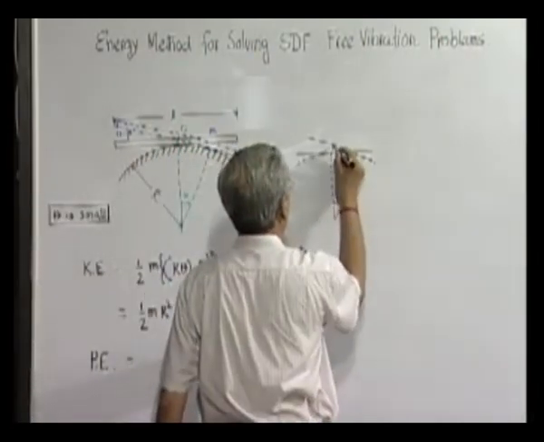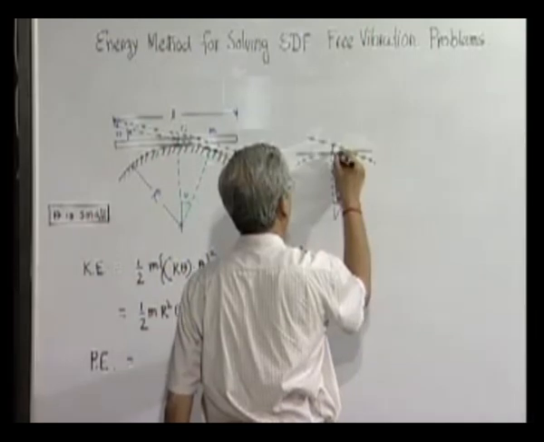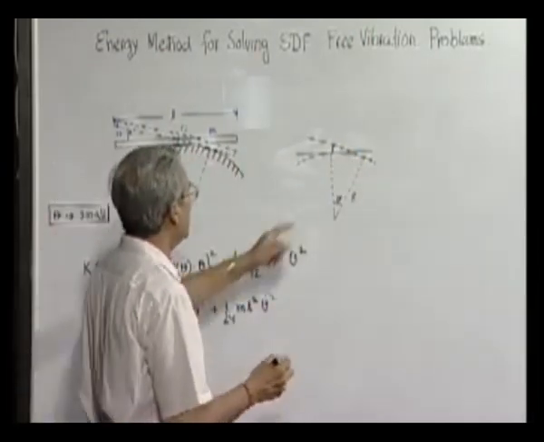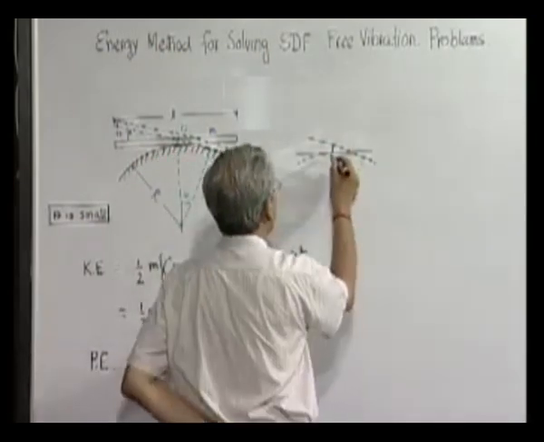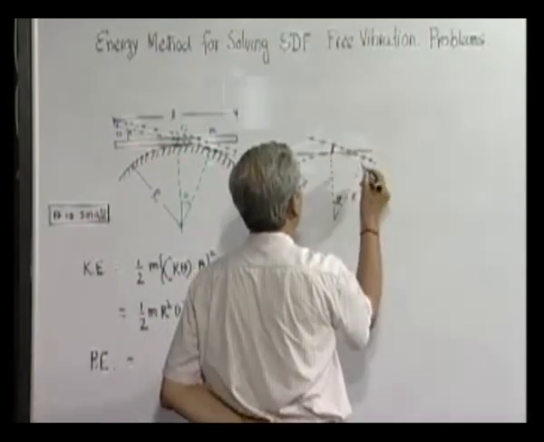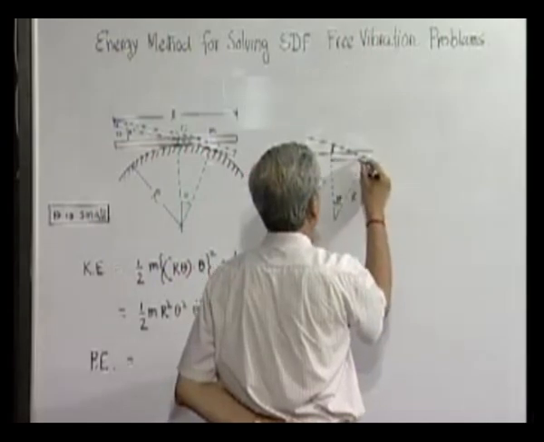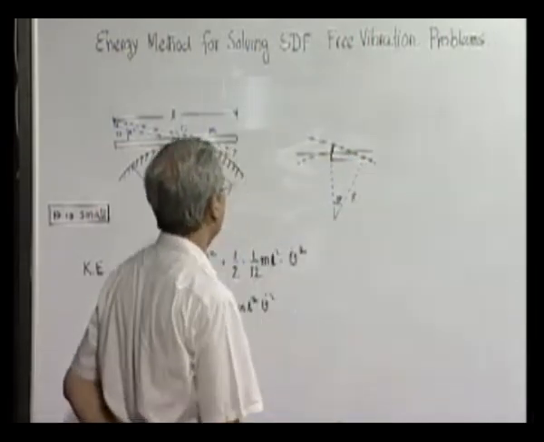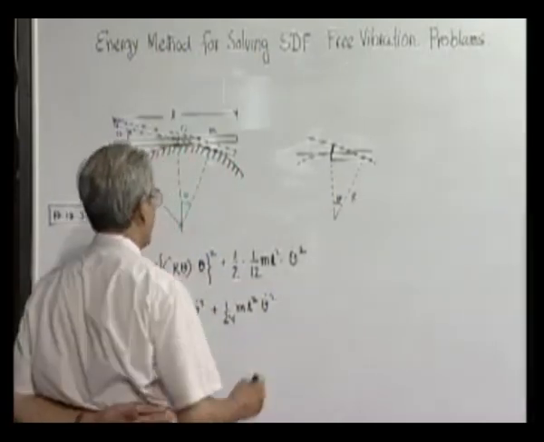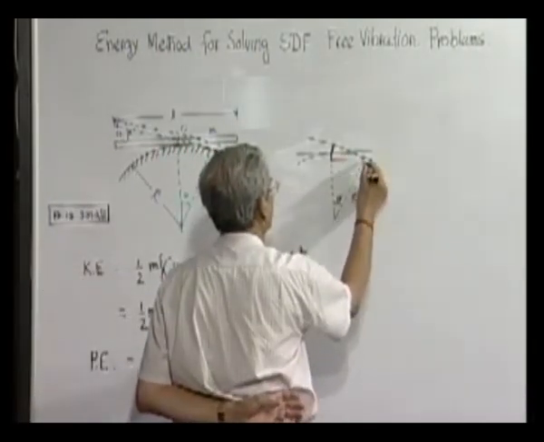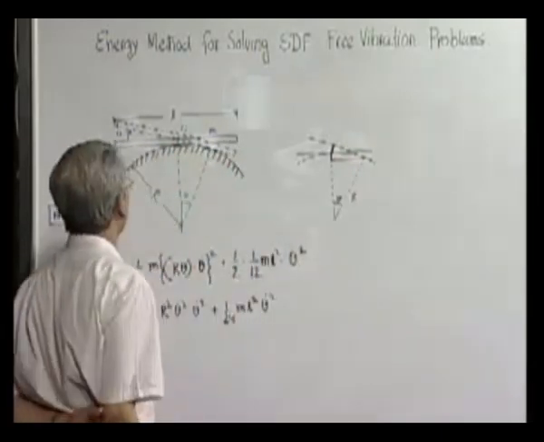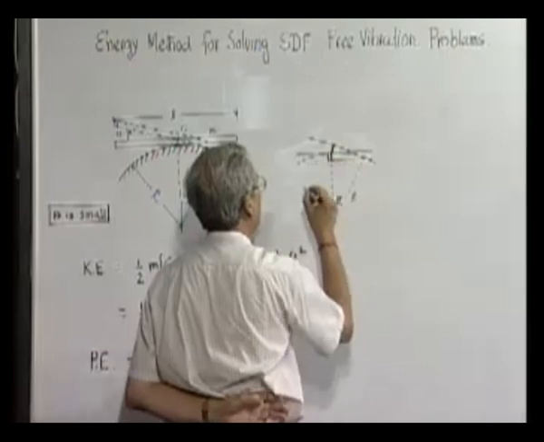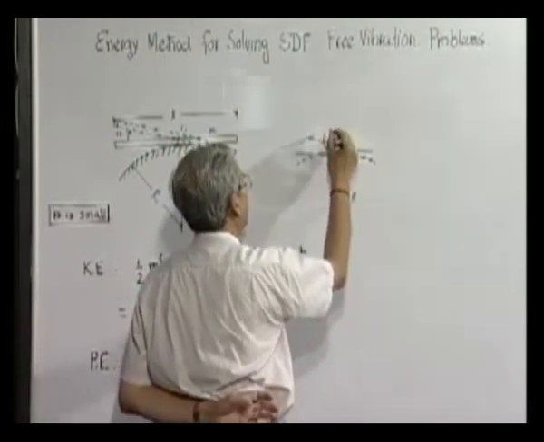Therefore this arc length and cosine of theta, which is going to be approximately 1, is approximately the change in height. Now how much is this? This much we know is equal to r, this length, into theta. Minus, you have to subtract this much.